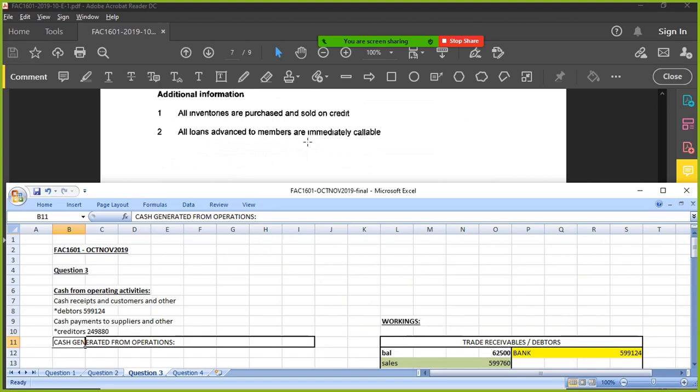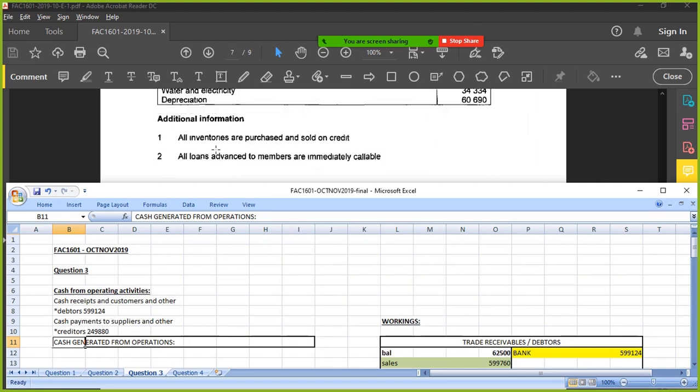Go back to the additional information. All loans advanced to members are immediately callable. If the loans are advanced to members and they're immediately callable, that would indicate that they're a short-term asset. This is a loan to members, so it's an asset.